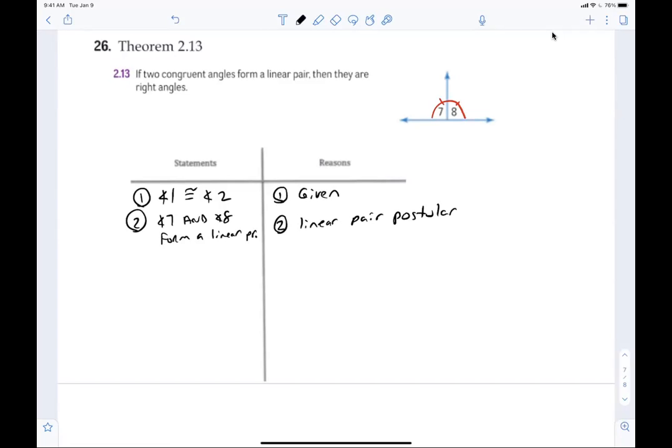So now what does that mean? Let's let you finish it out. If they add up to... Yes, 7 and 8. Yeah, very nice. So you say angle 7 plus angle 8 equals 180 degrees. And now we can say that's just the definition of linear pair.